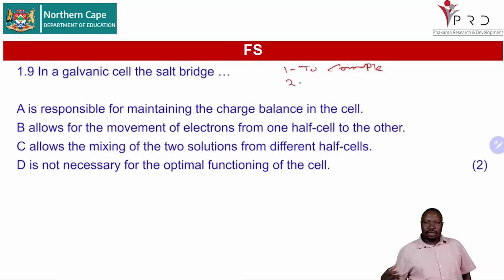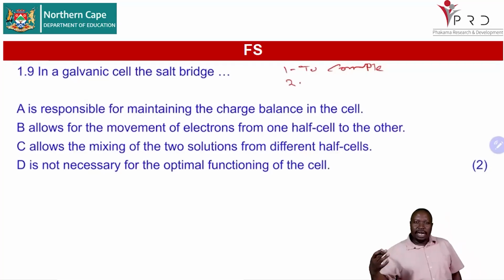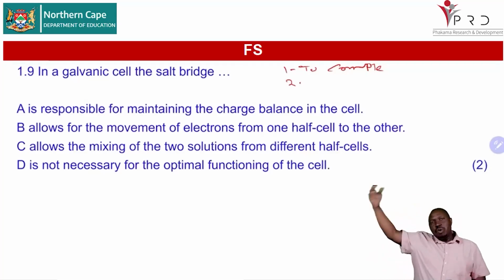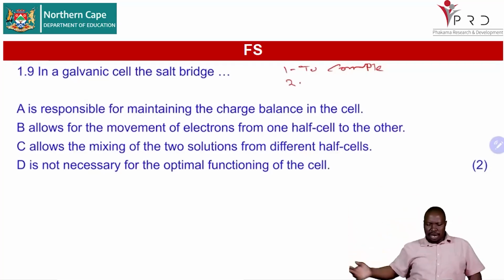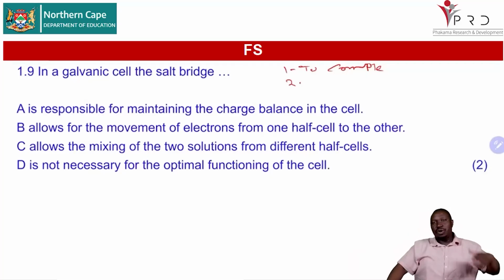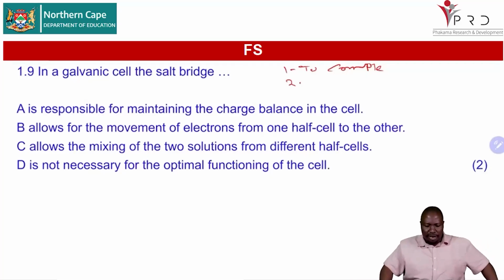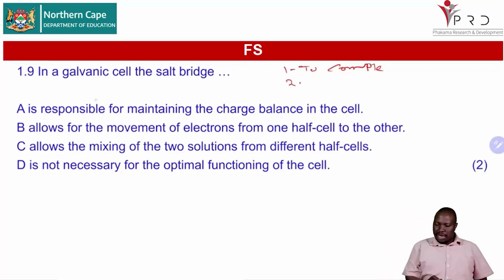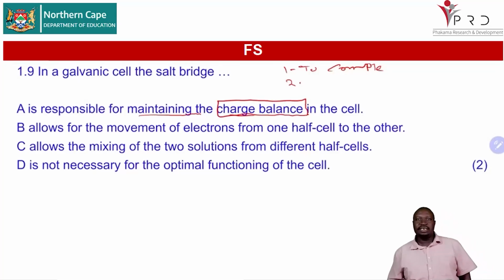By ensuring that where we have more negative, that's where our cations will move. Where we have more positive, that's where our anions will move. So you are able to know that a galvanic cell's salt bridge is responsible for maintaining the charge balance. This is the neutrality we're talking about, the charge balance in the cell.